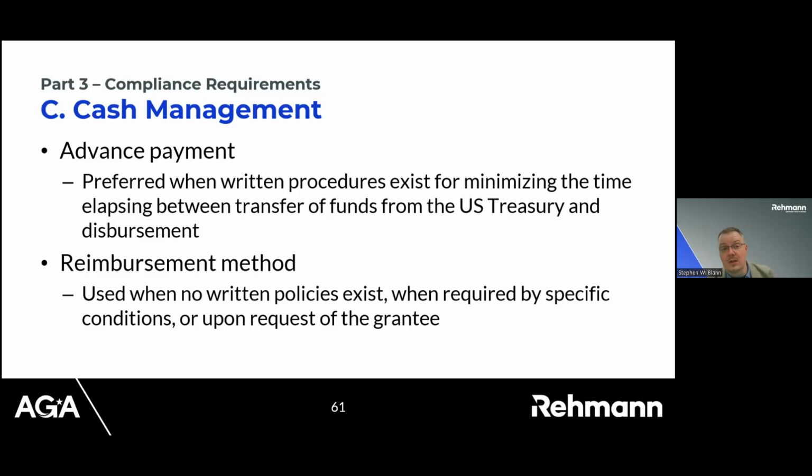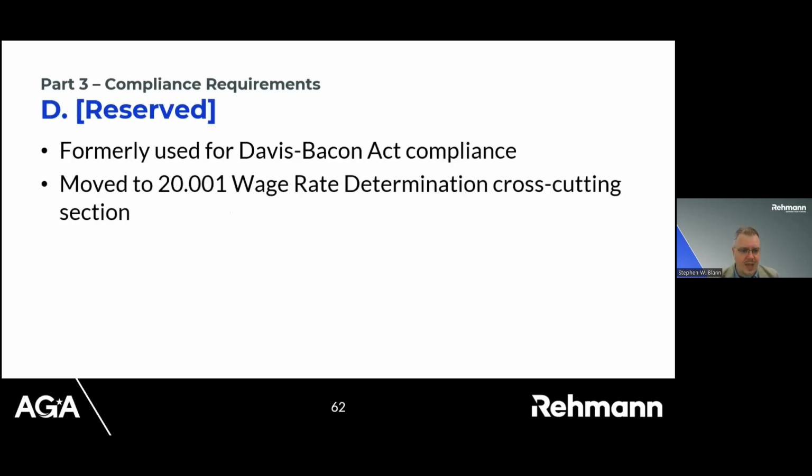So we're back to advances either way. In that case, what we typically see is maybe a 1-month advance and then reimbursement from that point on, with that advance finally being repaid at the end of the grant period. But one way or another, these are the compliance areas we're looking for. Have good policies and procedures and make sure you're not drawing down funds earlier than they are needed. Item D is no longer directly applicable.